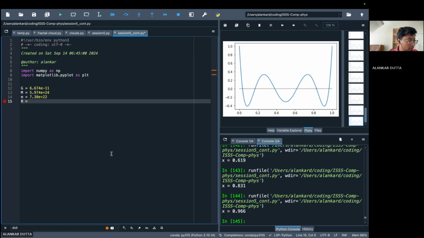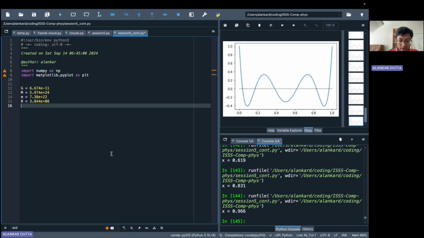RS is 3.844 e plus 8, and omega is 2.662 e minus 6. Done.